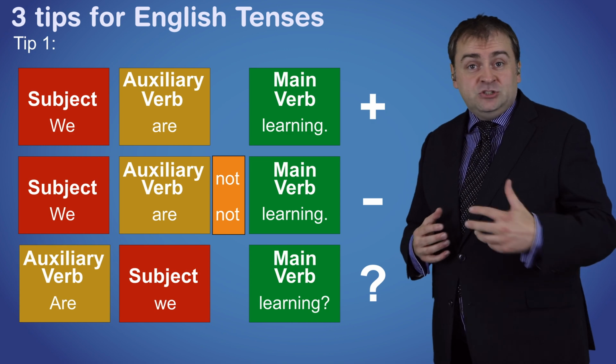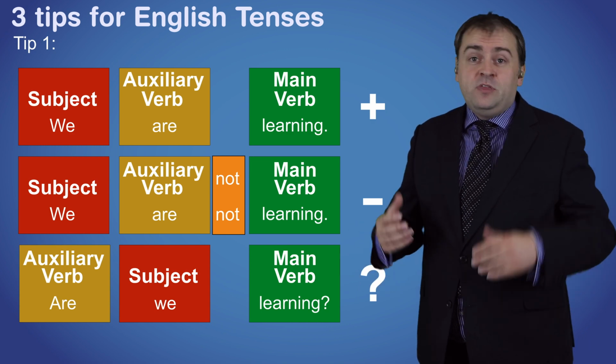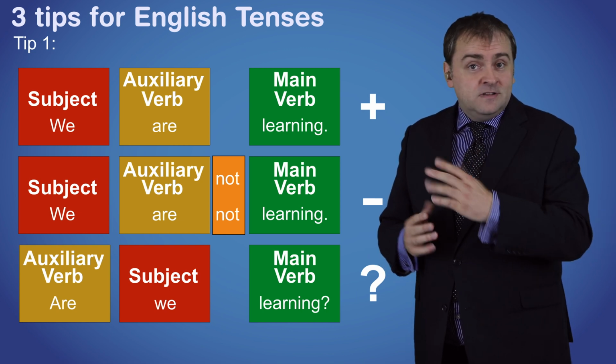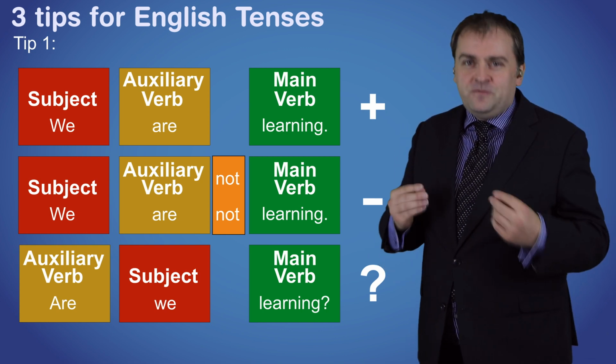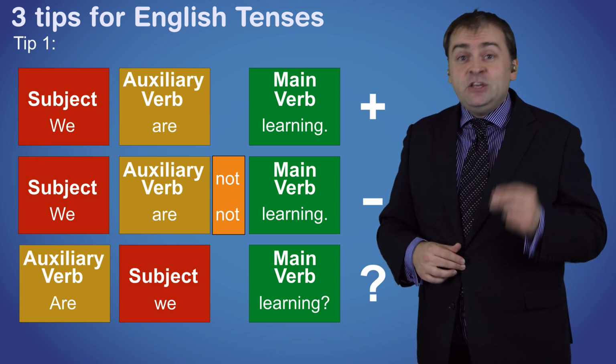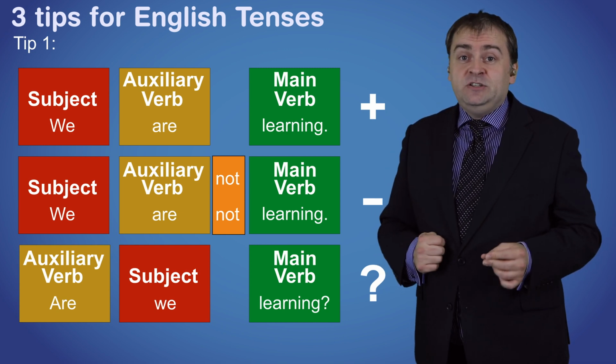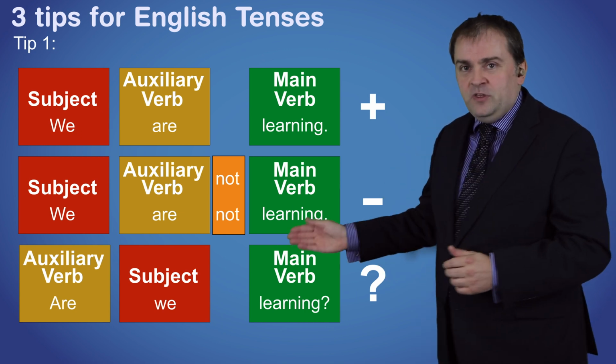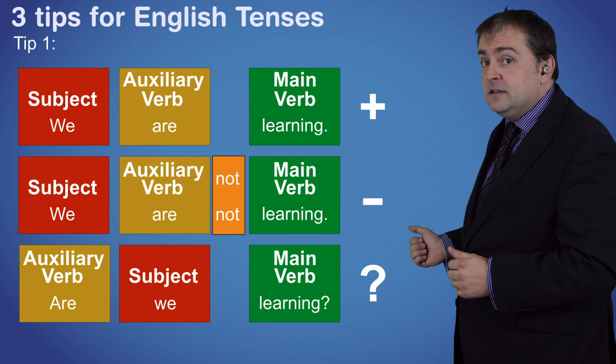Also, people just try to make questions with the rising intonation. We're learning? In English, there are a few different types of questions, and you can do this in some situations, but it's normally better to start with the auxiliary verb. Are we learning?